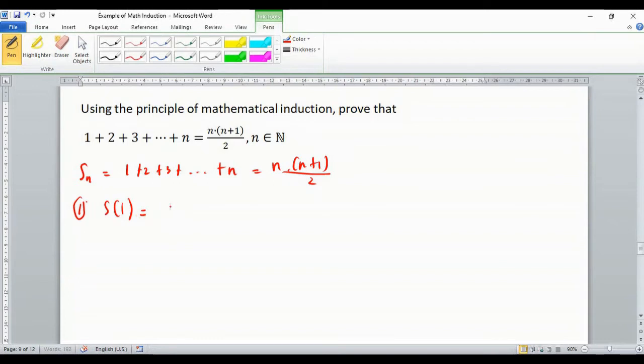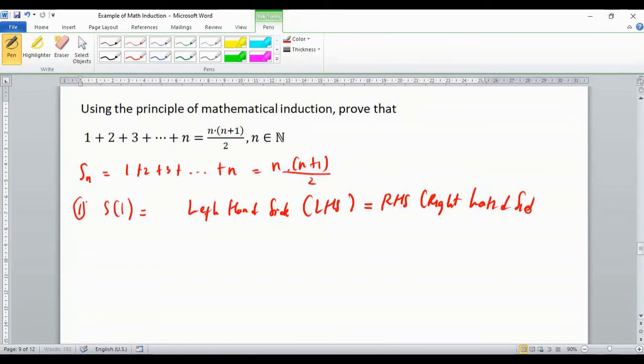So when we have left hand side, LHS, equal with the RHS, right hand side.